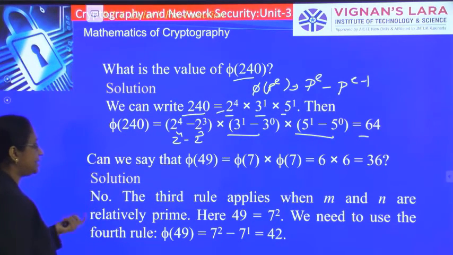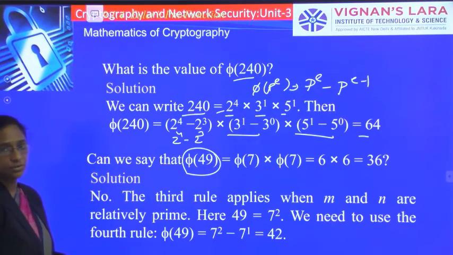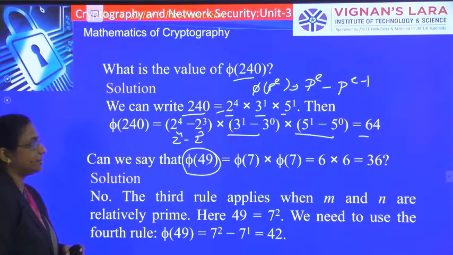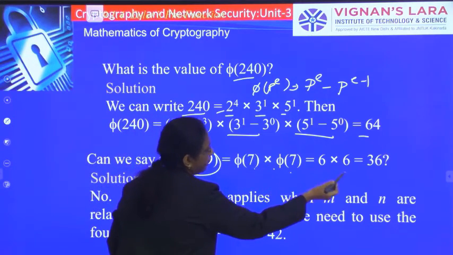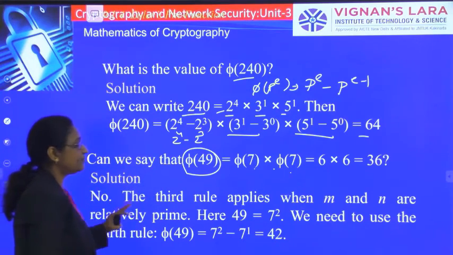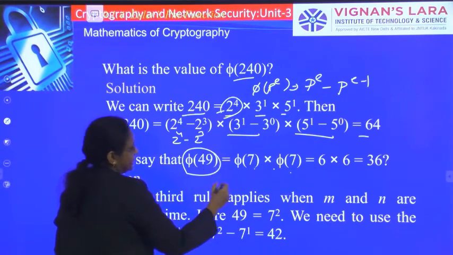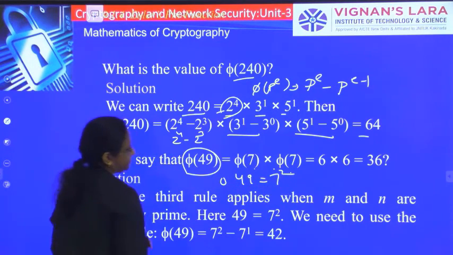Similarly, another example: phi of 49. 7 into 7, so phi of 7 into phi of 7 equals 6 into 6, 36. This is wrong, since 49 has to be written as 7 square.